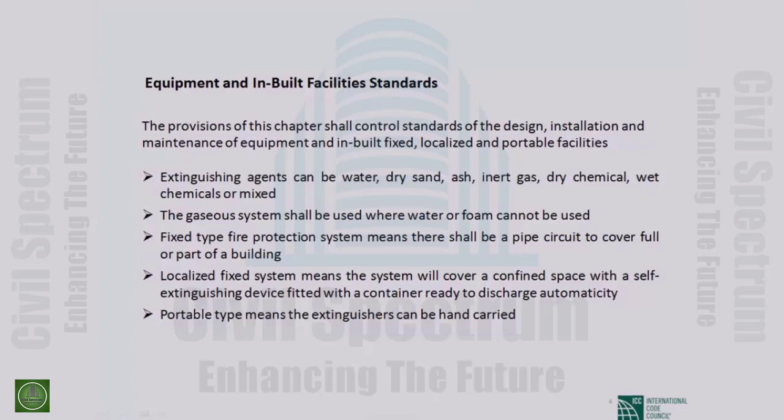Extinguishing agents may be water, dry sand, ash, inert gas, dry chemical, wet chemical, or mixed. This will be based on the type of fire. You know, there are different types of fire which we designate as class A, B, C, D, K, depending on the type of fuel or type of material when it burns.